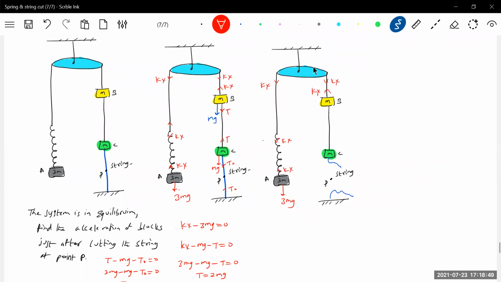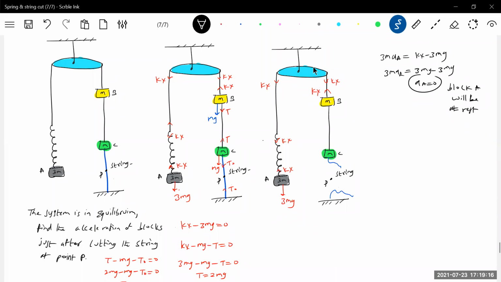This is what happens. So definitely, what about block A? 3m into acceleration of block A equals kx minus 3mg, which is zero. So block A, we are discussing the problem just after cutting only. Here the weight will continue to act. What will happen to the tension? This is very important. The tension is going to change to some other value, T dash.